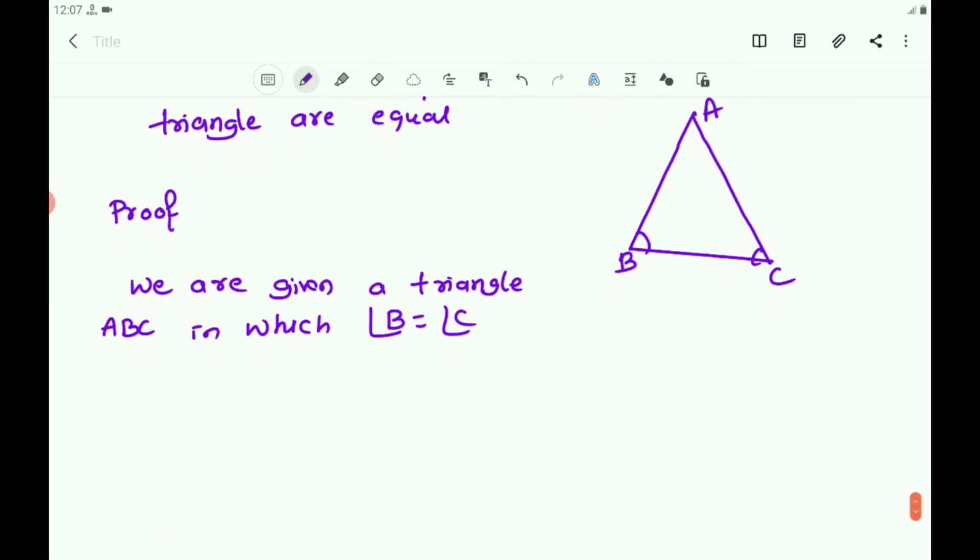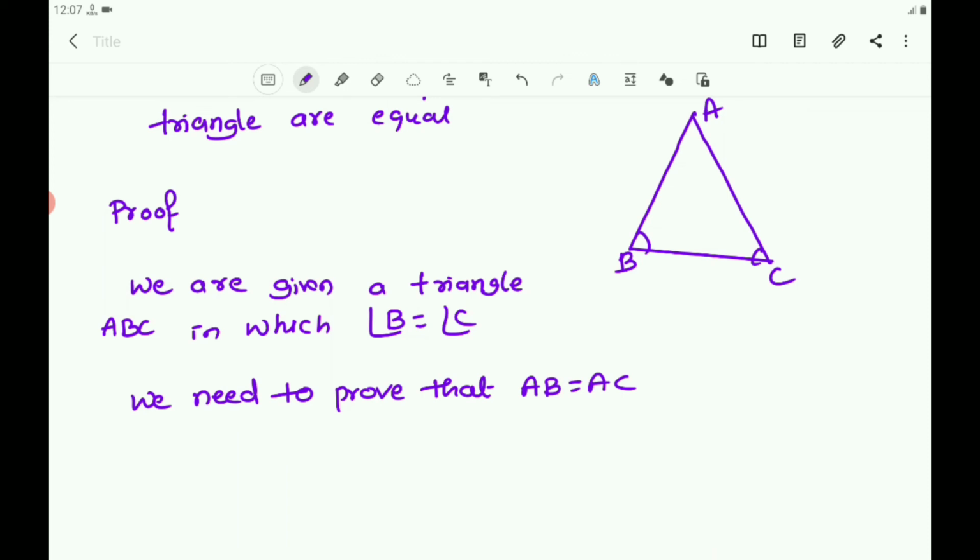We need to prove that AB is equal to AC. Sides opposite to the equal angles, angle B and angle C, are AB and AC. They must be equal. That you have to show.